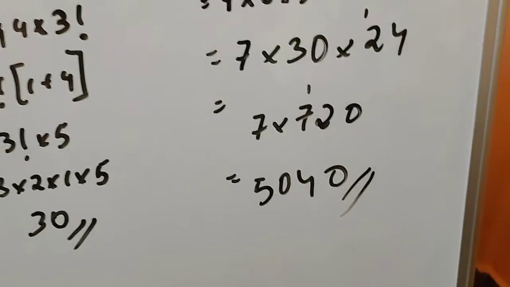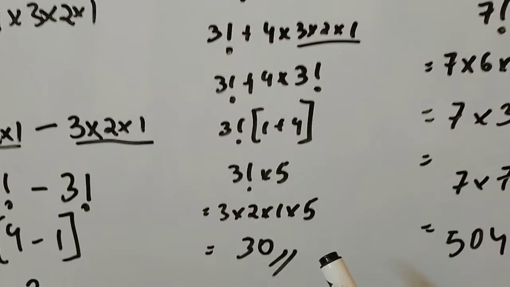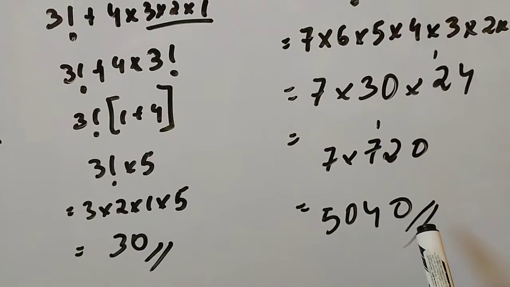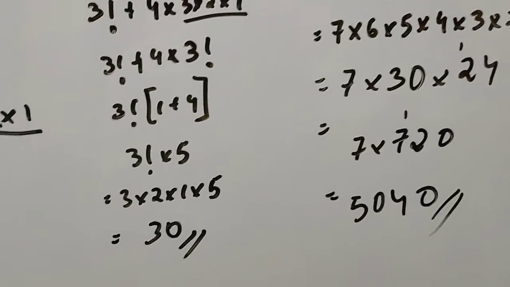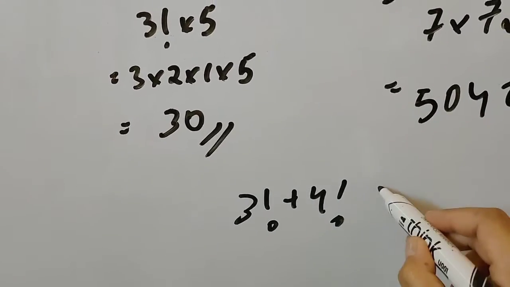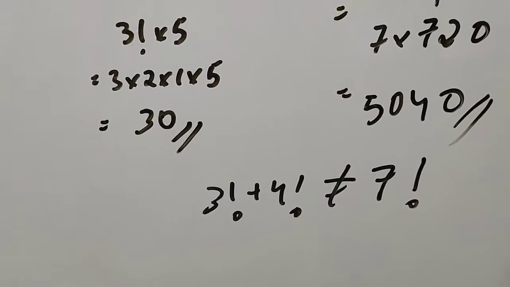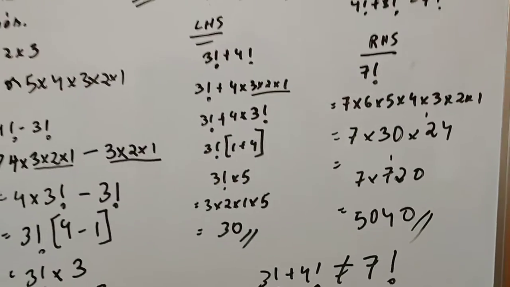This is your final answer. You see, your left hand side is 30 and your right hand side is 5040. So 3 factorial plus 4 factorial is not equal to 7 factorial. I hope this is clear to you.